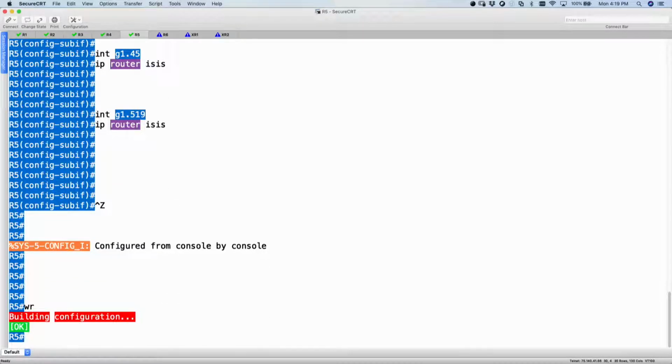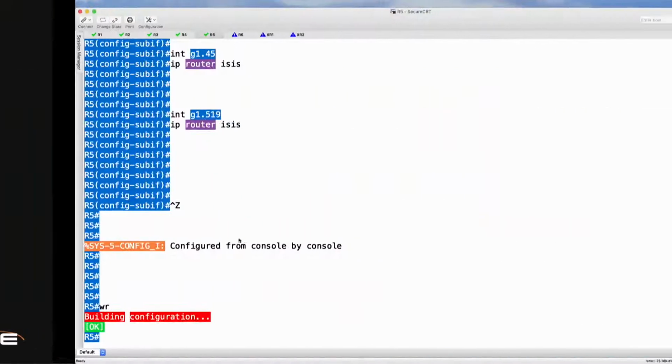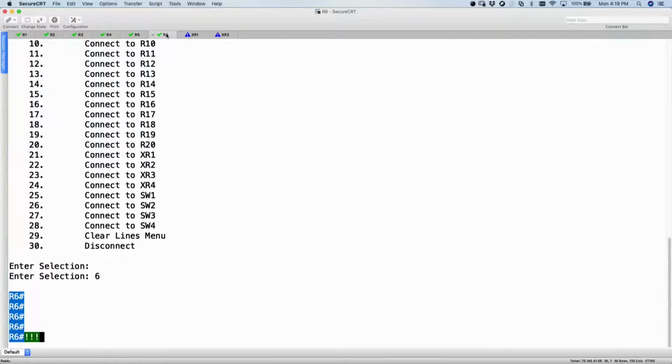Let's do the same thing on R6. So on R6, I have 4 interfaces in fact, 36, 46, 56, and 619. So let's do the same thing on R6.